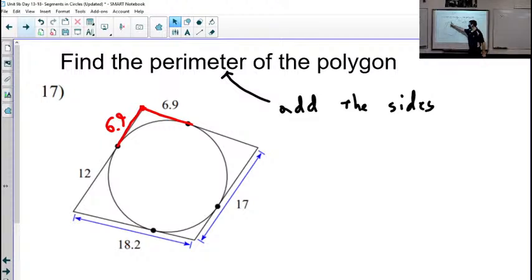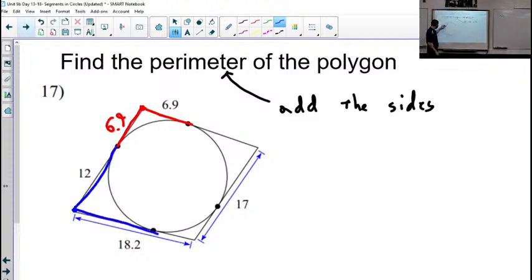Okay, so we decided since this was 6.9, this was also 6.9. The next one, working my way around, the next point out here is this one. So I connect the tangent to here and the tangent to here, and those two have to match. Since this is 12, this is also 12. Next one.